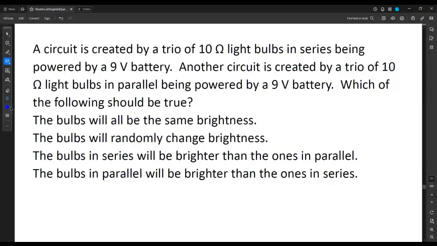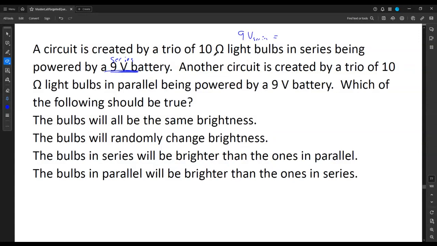So let's think about this. We've got a circuit created by a trio of 10 ohm light bulbs in series. So what we need to know, there's a couple of different ways to look at this. The total potential, if it's in series, so if we have 9 volts in series, is going to split and be used across the different resistors, which in this case are the different light bulbs.